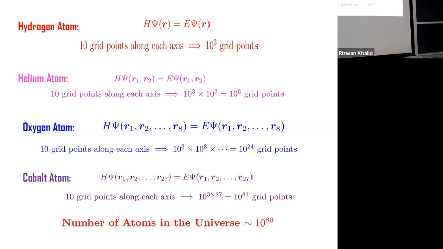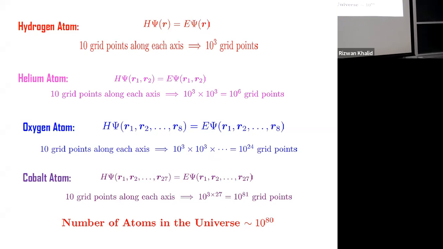And it becomes 10 to the power 15 gigabytes. If you store it on CDs, and you have an endless supply of those CDs, and you weigh those CDs, the mass would be as big as the Earth's mass.